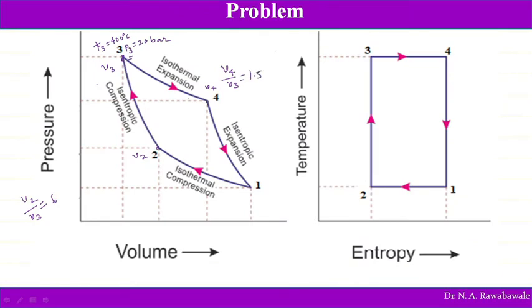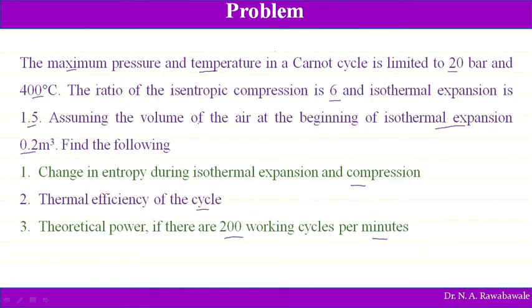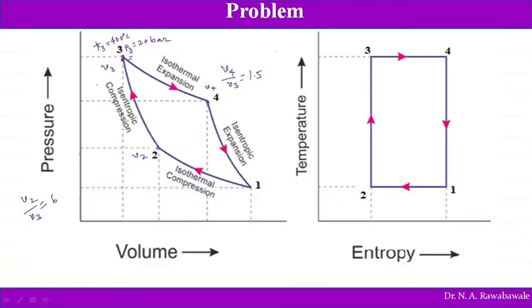Whereas the volume of air at the beginning of isothermal expansion is 0.2 meter cube. The beginning of isothermal expansion means point 3, so the volume at point 3, V3, is given as 0.2 meter cube.